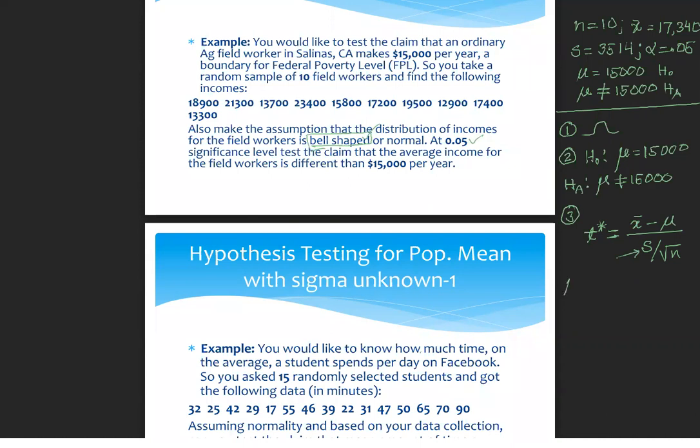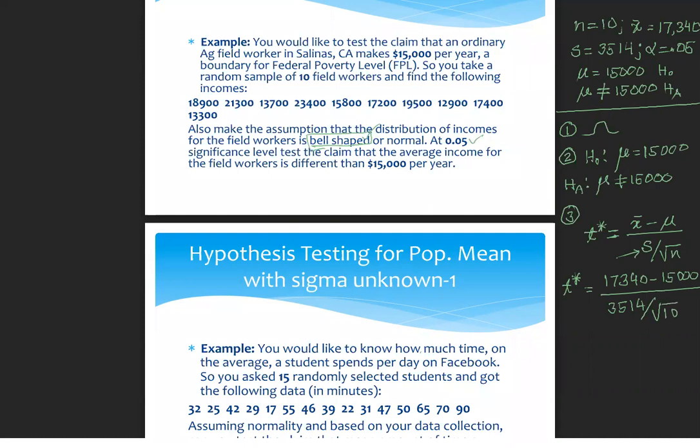So your T star is going to be equal to X bar, 17,340, minus mu, which is 15,000, all of it divided by the sample standard deviation, which is 3514, divided by the square root of the sample size, which is 10.